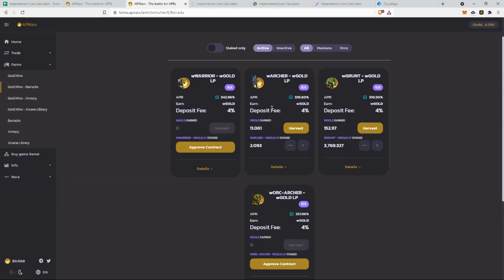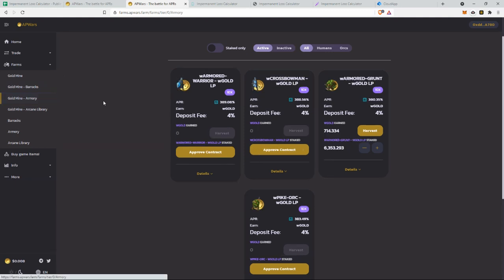So what you can do is buy war gold, buy the side of your troop that you want to use, and provide liquidity for this. You will not be suffering from impermanent loss, and you are still having a considerably high APR. Okay, guys? The same goes for the other level, the tier 2 armory units.